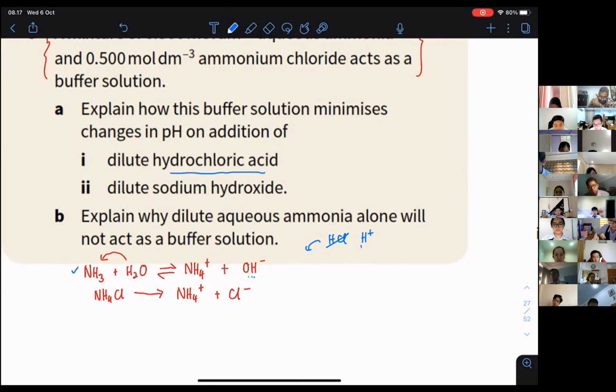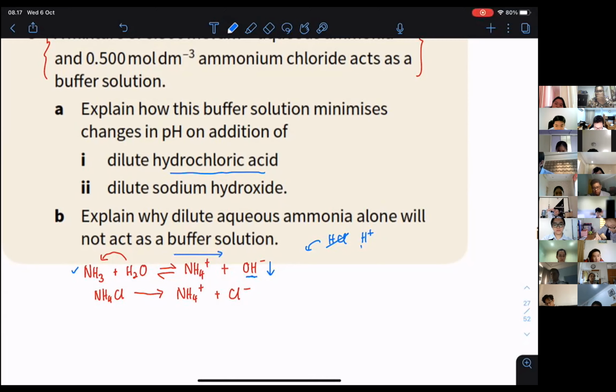What will happen? If this is going to react, the OH minus will decrease, because it's reacting with the H plus. So according to LCP, they need to compensate the situation. So Kenneth, what will happen to the position of the equilibrium? Will it move to the right or to the left? Right, it will move to the right.